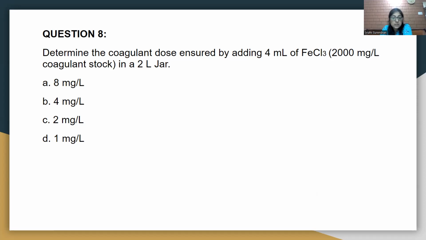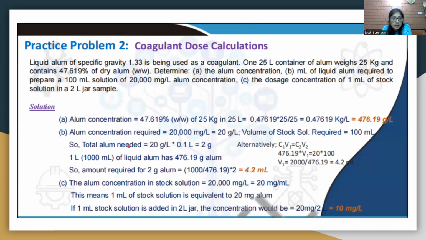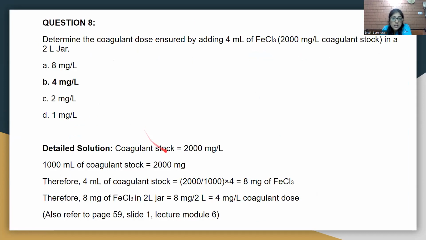Okay, so I will move on to the answer. This is one practice problem from the lecture with regard to the concentration of the coagulant dose that has to be added. Here they are saying that we are supposed to be computing the coagulant dose.